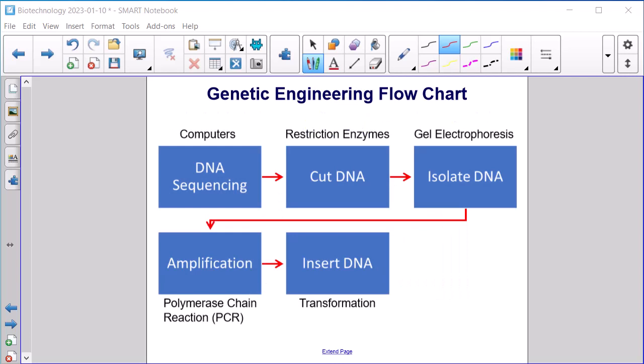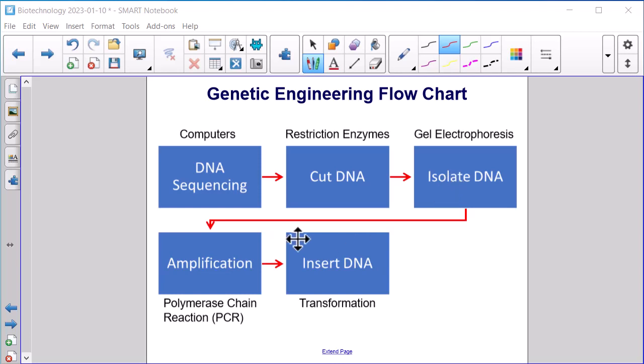Here's a flow chart that summarizes the genetic engineering process that we've discussed. Start with DNA sequencing with the help of computers. We cut the DNA into fragments using restriction enzymes. We isolate the DNA of interest or the gene of interest using gel electrophoresis.